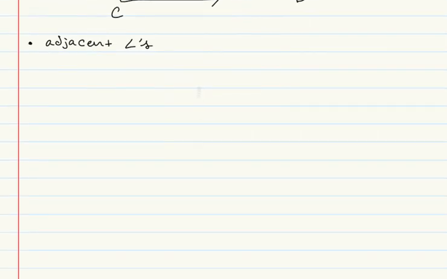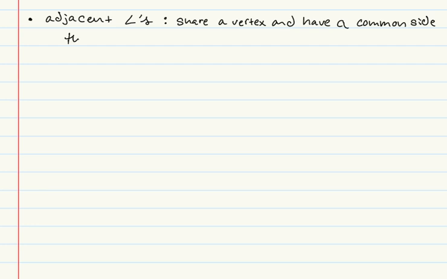Adjacent angles are angles that share an endpoint and one side. In class, we decided to better this definition by also saying that their common side was between the angles, which is another way of saying they don't share interior points.